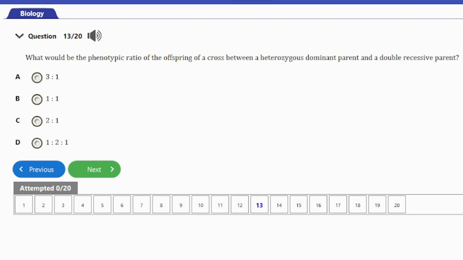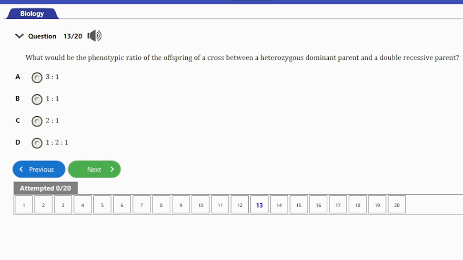Let's say we have H, and we have heterozygous H and homozygous recessive h. We're going to have capital H linking with small h on the other hand. Then we also have capital H linking with the other small h, and that's two heterozygous.